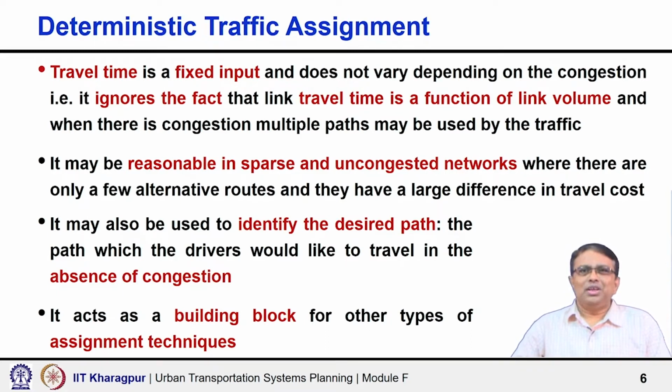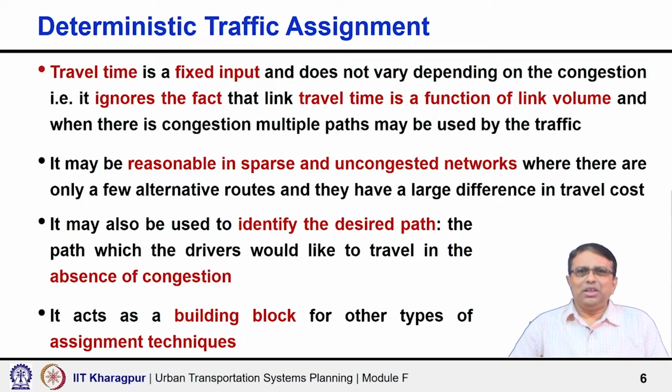Of course, every approach has its own application domain as well, that also we need to understand. So, when can this all or nothing assignment still give us a good result? Yes, as I said earlier, if the assigned demand is negligible as compared to the capacity of the route links or the paths, then it is fine.